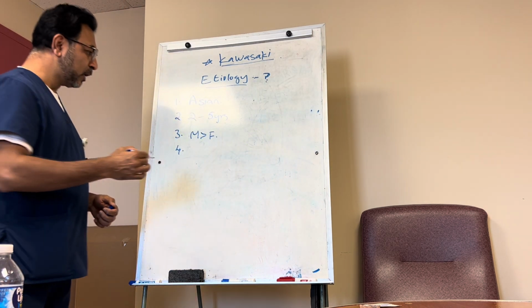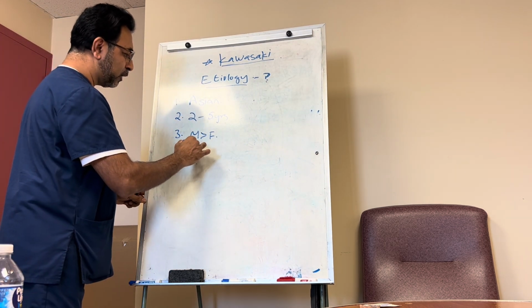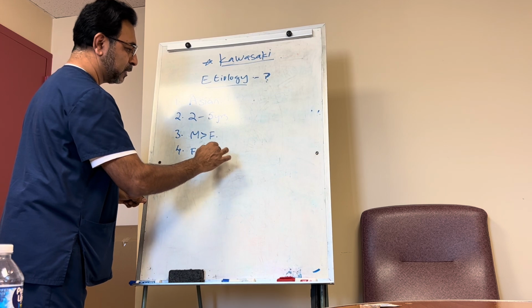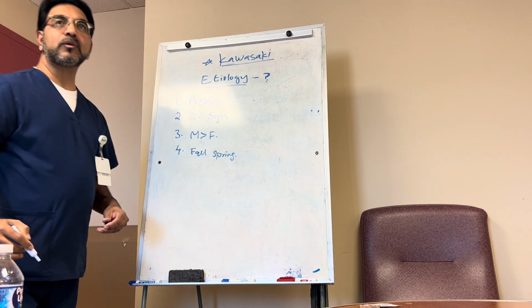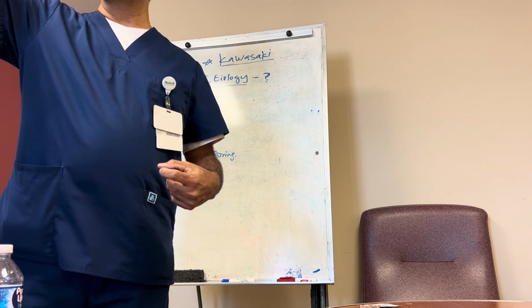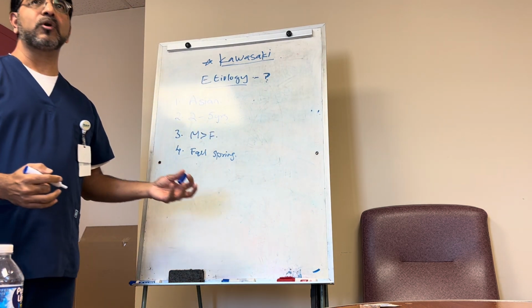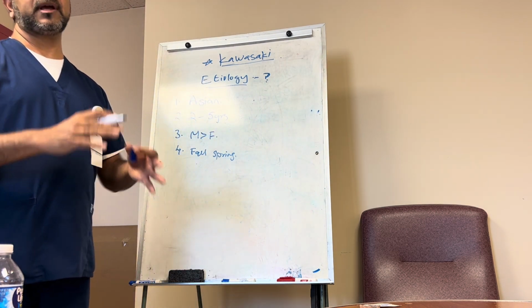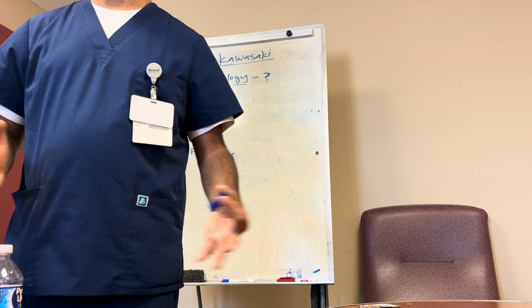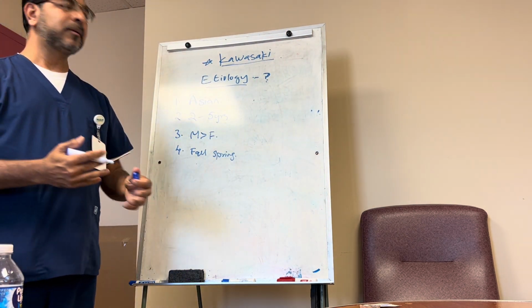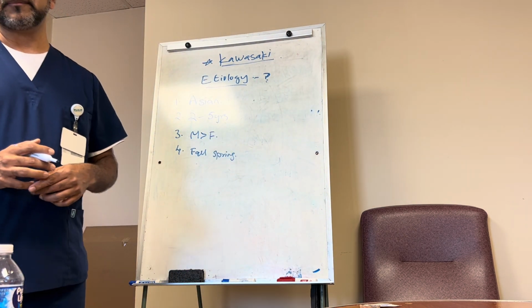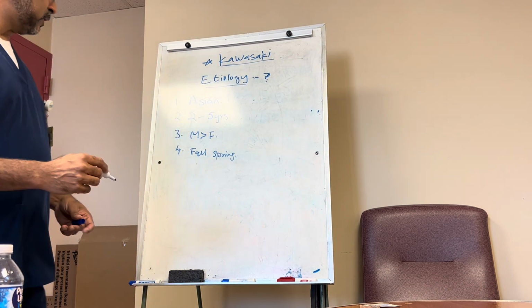Winter. It's usually between fall and spring. So from now until spring is usually more common. Having said that, you can have Kawasaki any time of the year, but it's slightly more prone during this time of the year.